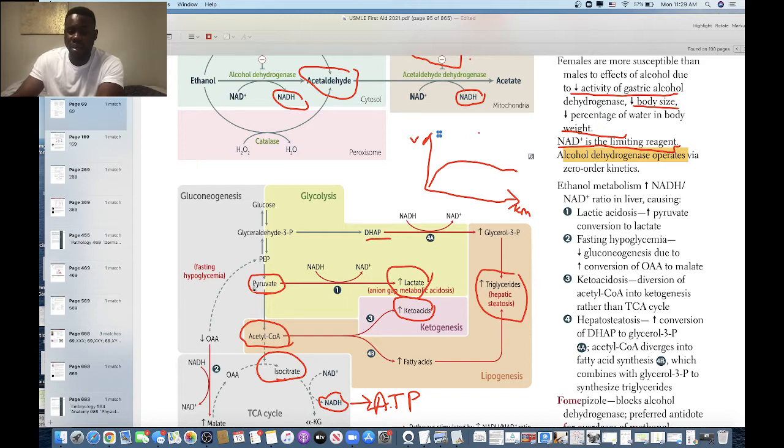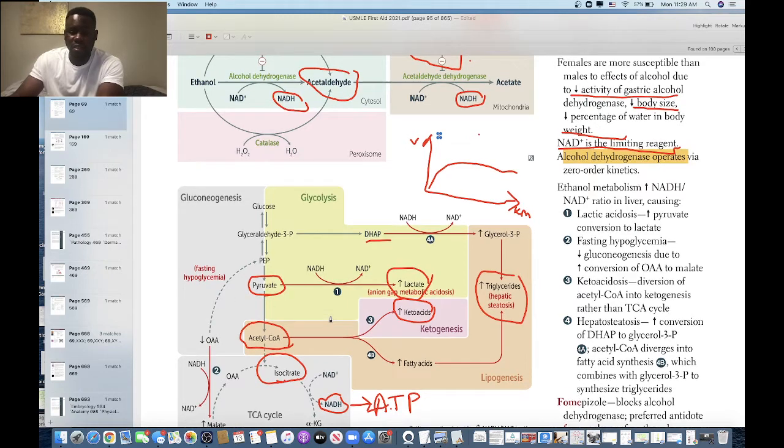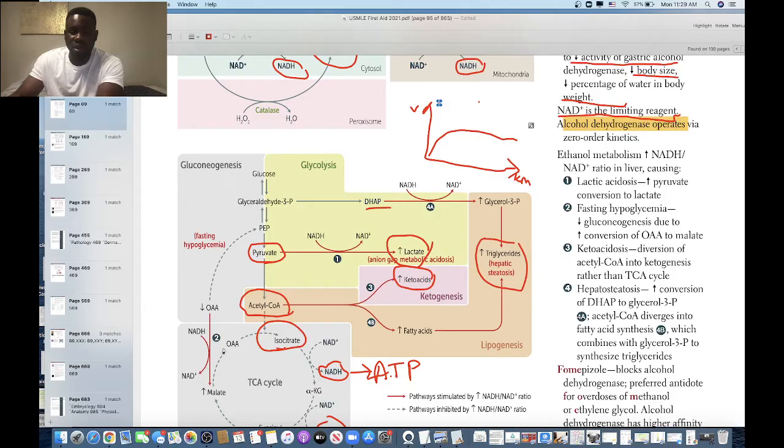So for example here, oxaloacetate, instead of being converted into PEP, is converted into malate, but we need the oxaloacetate to do gluconeogenesis. So they have fasting hypoglycemia.